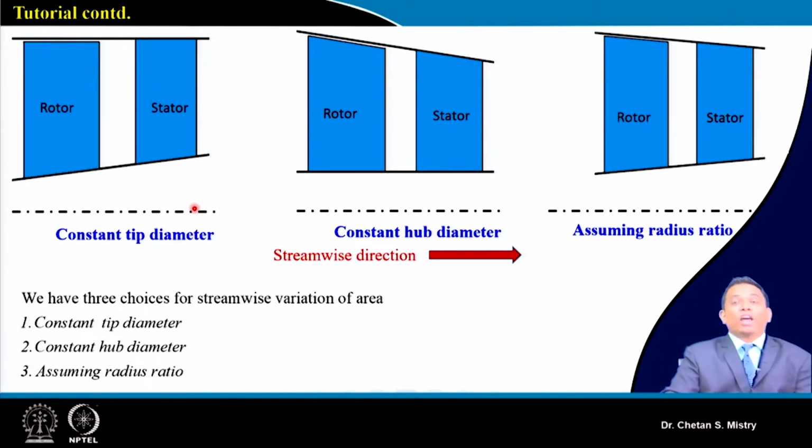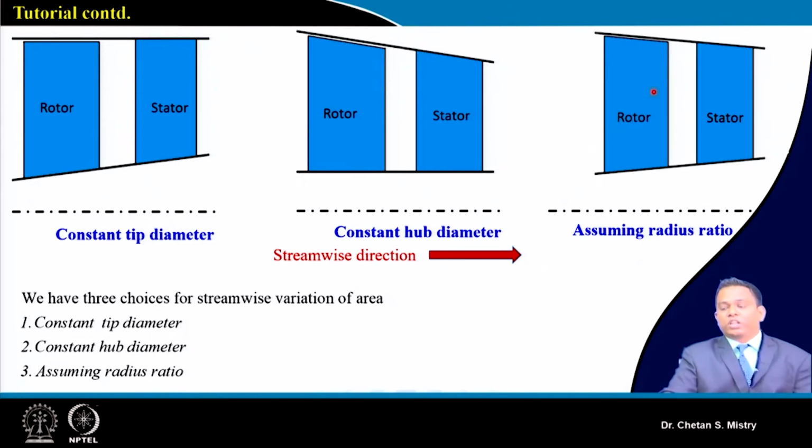We know the benefits of having a constant tip diameter configuration. In the same way, if we consider a constant hub diameter configuration, then at the exit my area will be lower, and so my tip diameter is going to be reduced. So do not get confused here. This is very important for us to realize and understand.